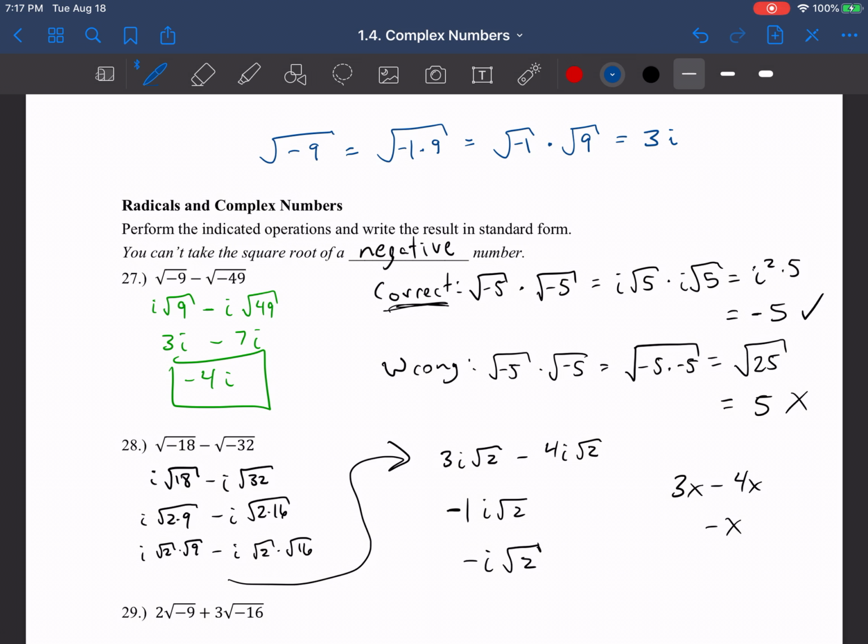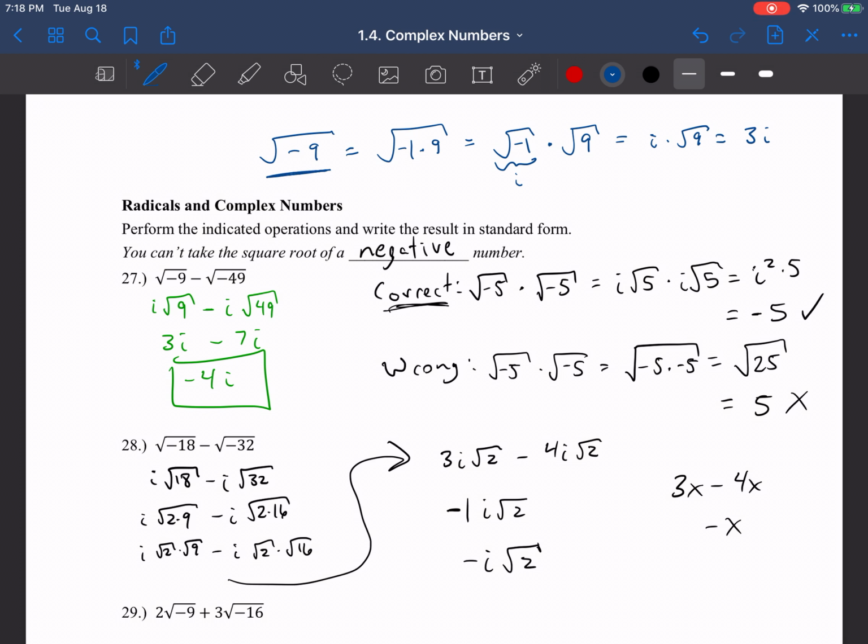All right? So ultimately, and really we could have done one more step here. We could have said this is i, and we could have left it as i times the square root of 9. But then the square root of 9 happens to be one we can do, so we can make it 3i. But basically, anytime you're taking the square root of a negative number, you can pull that negative out.